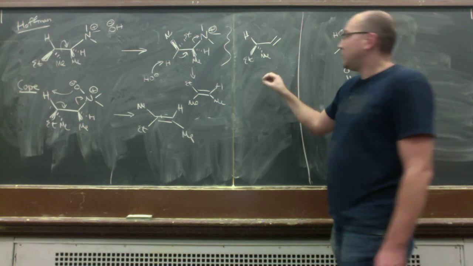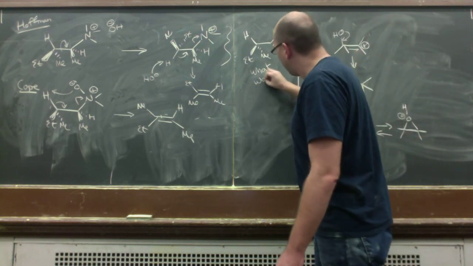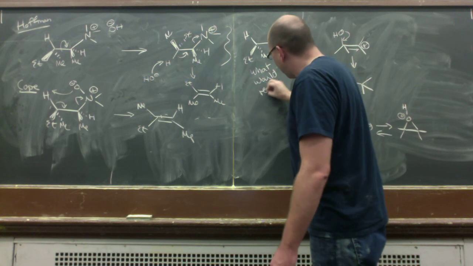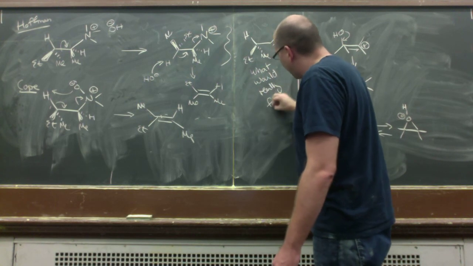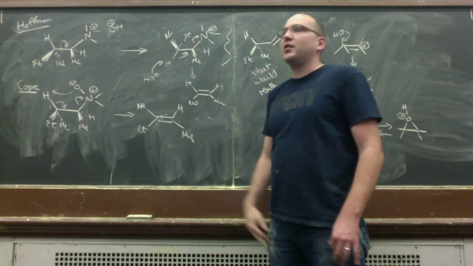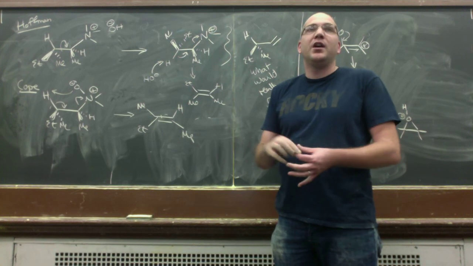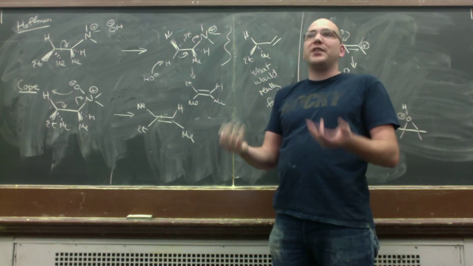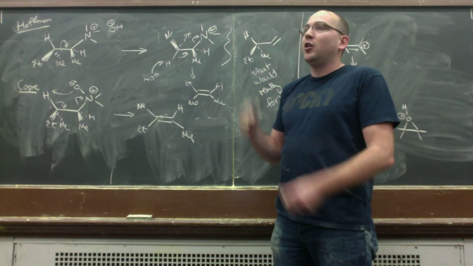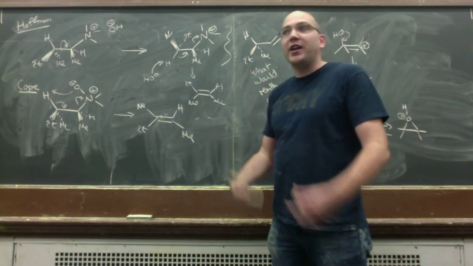Again, I just wanted to show these two, more than anything, to illustrate the differences between a syn and an anti-elimination in terms of the stereochemistry. And again, perhaps the Hoffman elimination isn't the best one to illustrate that, because oftentimes it'll go to the external alkene where there's not actually any stereochemistry anyway.